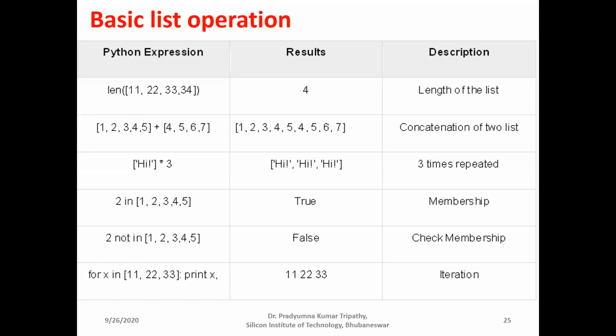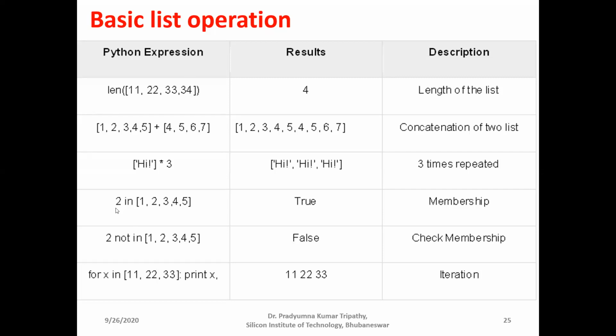I have already told you that if a multiplication operation is given on a list, the list will be replicated 3 times. It is not only one item. If you have 2 or 3 items, those items will also be repeated 3 times. The entire list will be repeated 3 times, correct? The number of times that I have given. If it is 4, then 4 times.